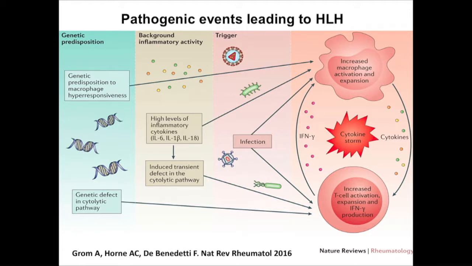A couple of years ago, last year, with Alexi and Anna Karin, we depicted this way to get there. Let's put it this way. So you can get to this vicious circle of macrophage activation and T-cell activation with overloads of cytokines and interferon gamma in, say, two different main ways.